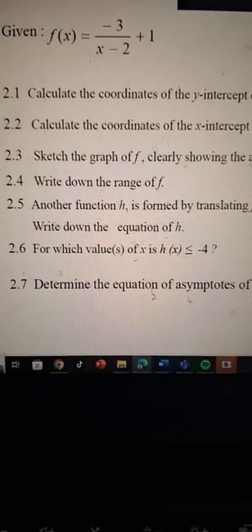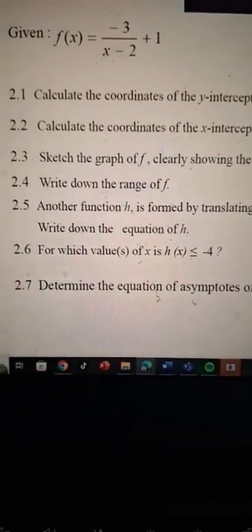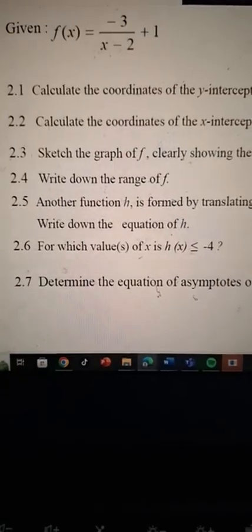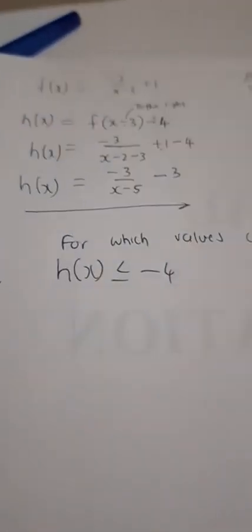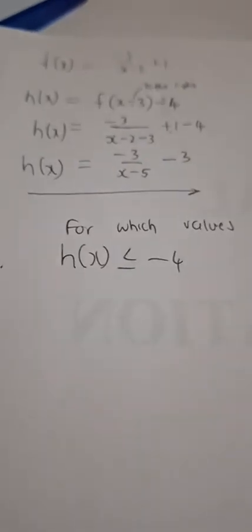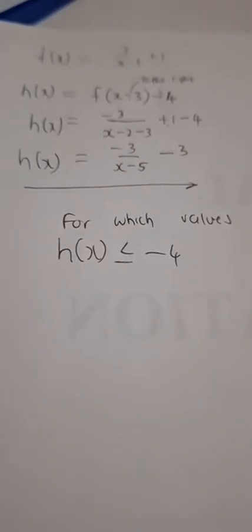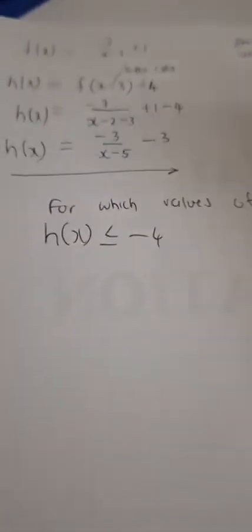So let's first unpack what they are actually asking before we dive in and answer the question. This question is saying, for which values of x is h of x less than or equal to negative 4? Yes, Tati, it's grade 11.